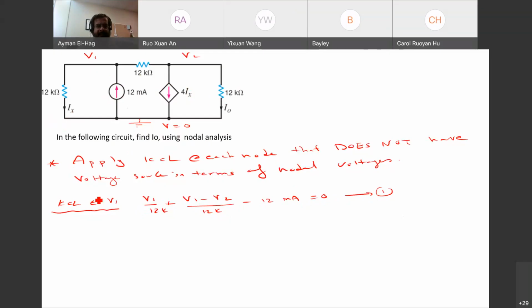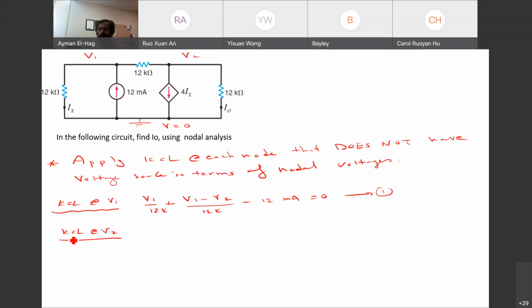So I will apply KCL here, KCL at V2. When you are at V2, assume again all currents are leaving. It doesn't really matter if you assumed the current entering the node in the previous step, but now you can assume all the currents are leaving.